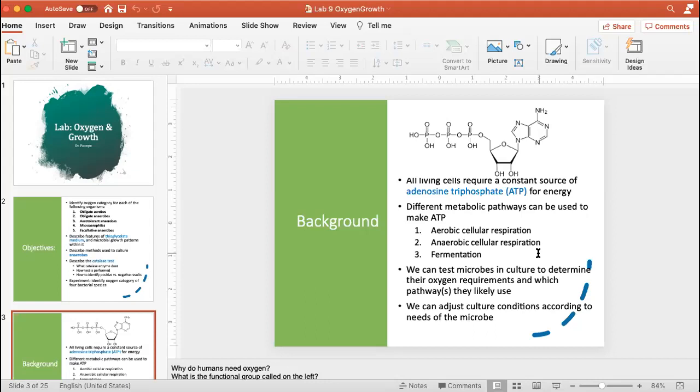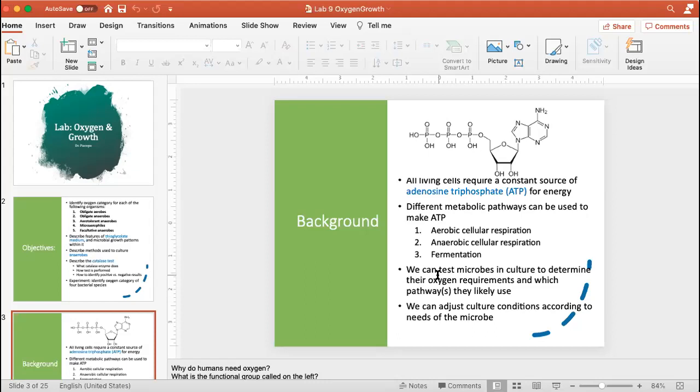So one of the ways that we identify microbes in the microbiology lab is by testing what kind of metabolic pathways they use. And one of the things we can test is for their oxygen requirements. Once we know that we're dealing with an organism that falls into one of those 5 oxygen requirement categories, once we know what it prefers, the next time we're trying to grow that microbe in the lab, we can adjust our culture conditions.